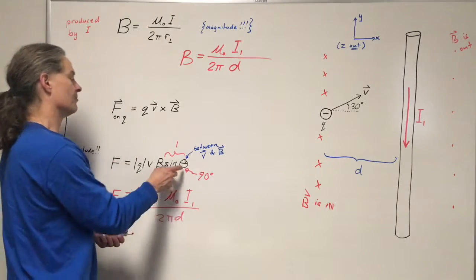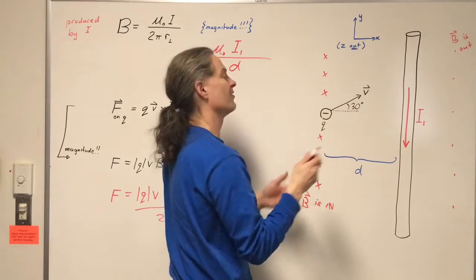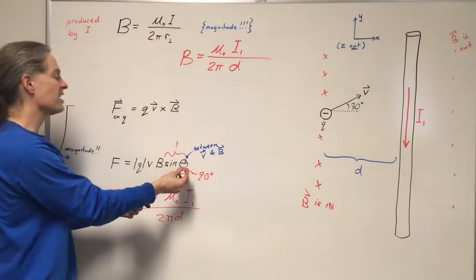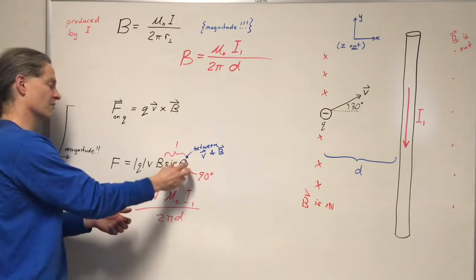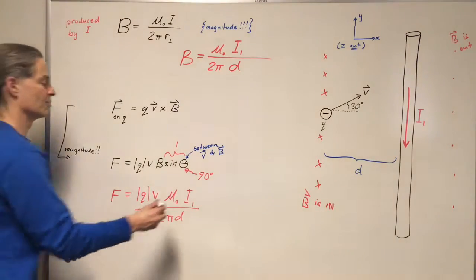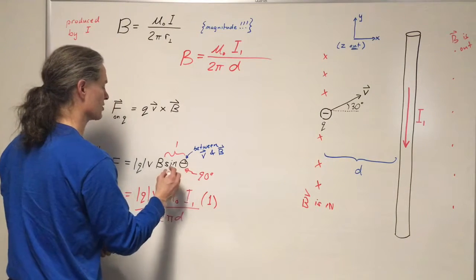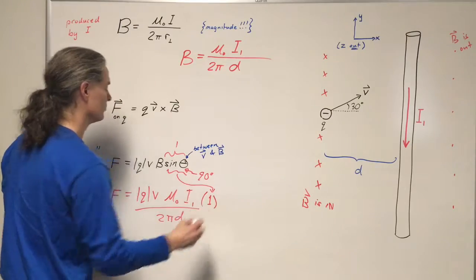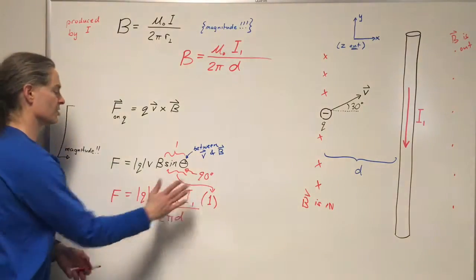Now, if this velocity were in some other direction, like that or like that, with a different angle than 90 degrees from the magnetic field, then we'd have a factor here other than 1. So I'm just going to put 1 for this sine factor, just to indicate that you could have other things here.